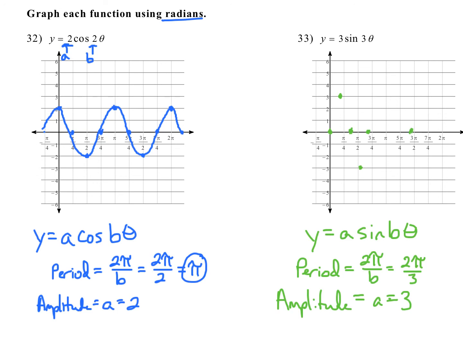And then another 0 halfway in between. And then my positive 3 up here, -3 down here. Again I can carry this as far out as I want, but that's probably good enough. 2 full periods is good enough to show what this sine function should look like.